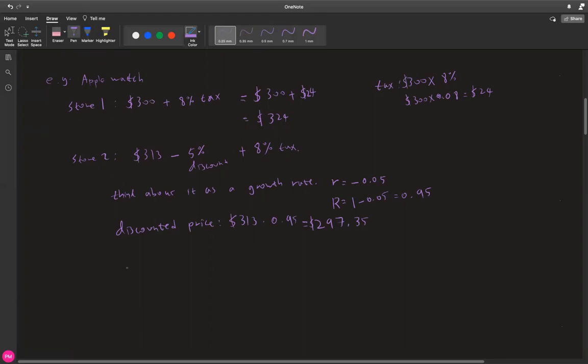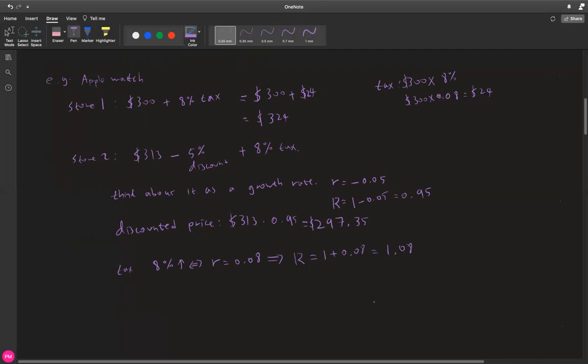If the tax is an 8% growth, this is the same as saying R is 0.08. And this is also the same as saying the common ratio is 1 plus 0.08, and hence it's 1.08.